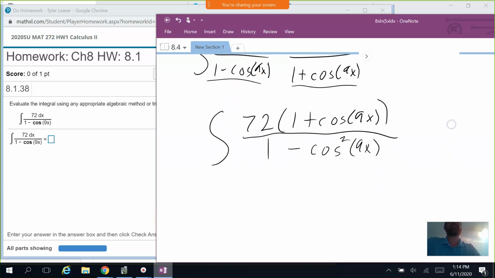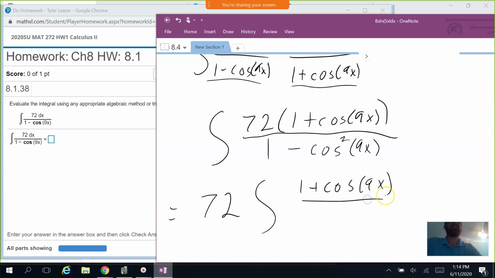Again, I would pull that 72 out and leave the numerator alone. The denominator is now something pretty common that's going to show up a lot for us. 1 minus cosine squared is the Pythagorean identity. That would just change into sine squared of 9x. Still have my dx out here.